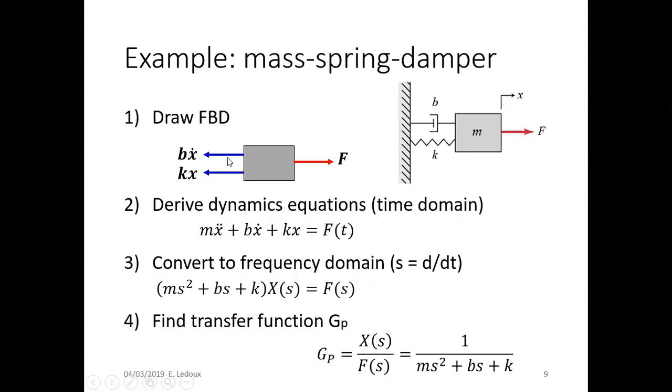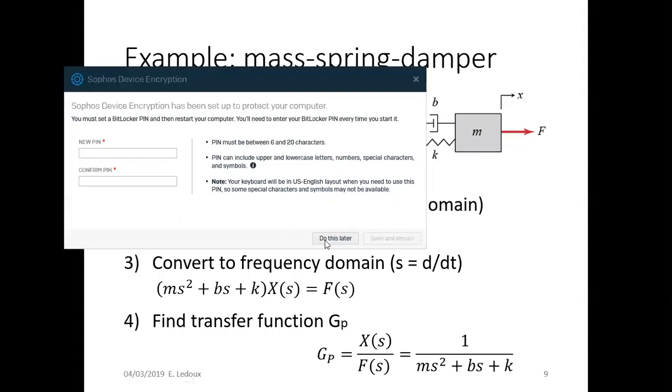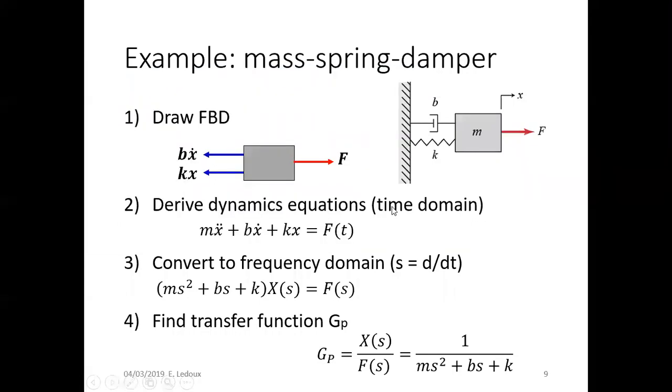So other forces here are the damper force, which acts on velocity, and the spring force, which acts on position. So we put all those in here. Input force equals mass times acceleration plus damping force plus the spring force. And then if we put these into frequency domain, we use S as the derivative variable.